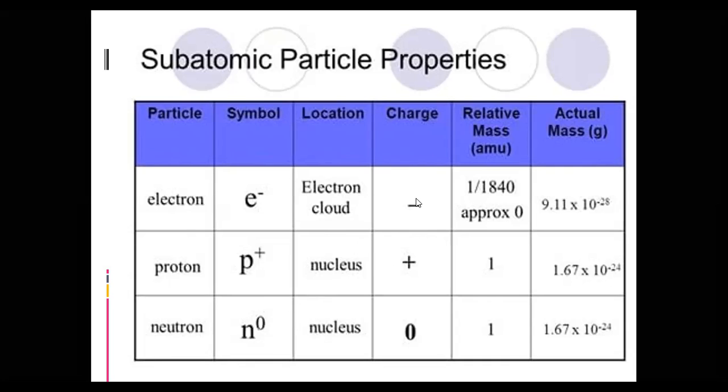Electron has a negative charge, the minus sign. Proton has a positive charge, the plus sign, and neutron has no charge, zero. Relative mass: electron has, look here, 1 AMU divided by 1840, which comes to 0.0005. Proton has 1 AMU mass, neutron has 1 AMU mass.